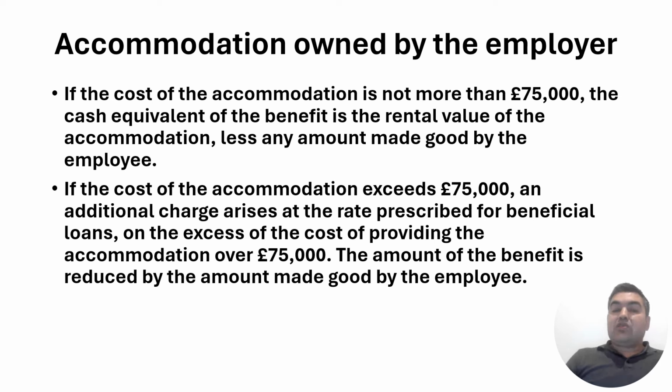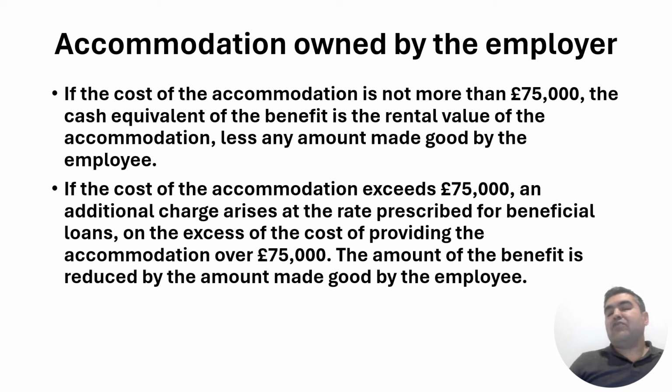If the cost of the accommodation is not more than 75,000, the cash equivalent of the benefit is the rental value of the accommodation, less any amount made by the employee, or employee contribution. If the cost of accommodation exceeds 75,000, an additional charge arises at the rate prescribed for beneficial loans on the excess of the cost of providing accommodation over 75,000.